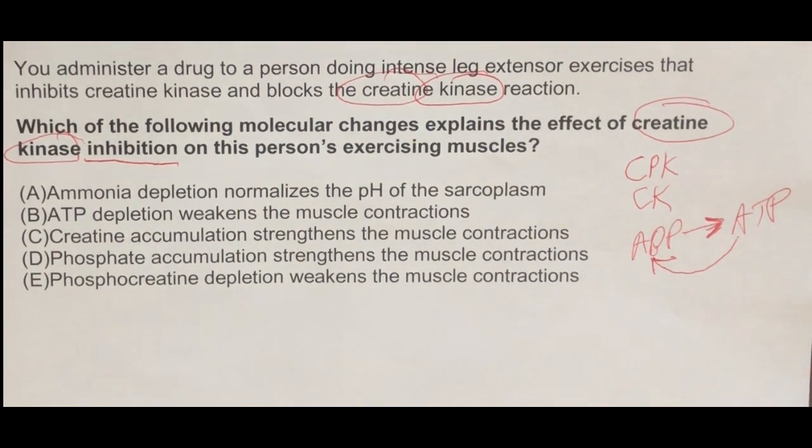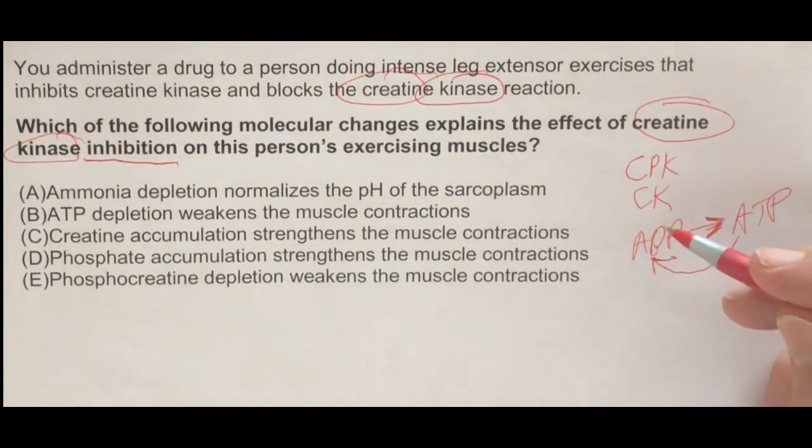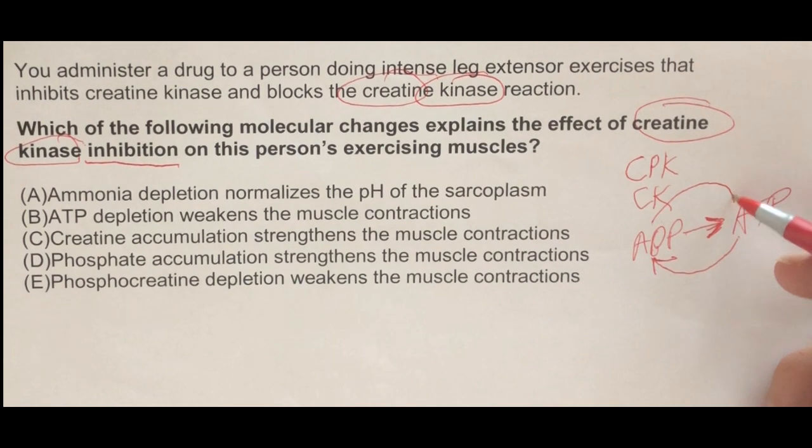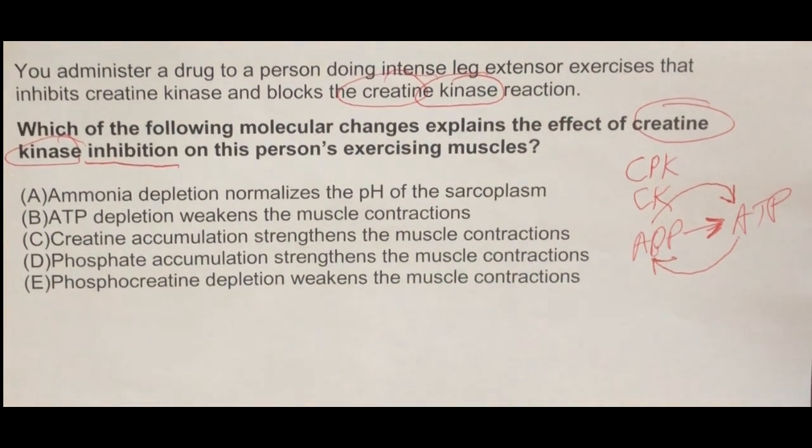So creatine kinase controls the rate at which ATP is formed after it gets depleted by muscle contraction. Let's see if something jumps out at us as being the most likely answer based on these words that we found were clues.